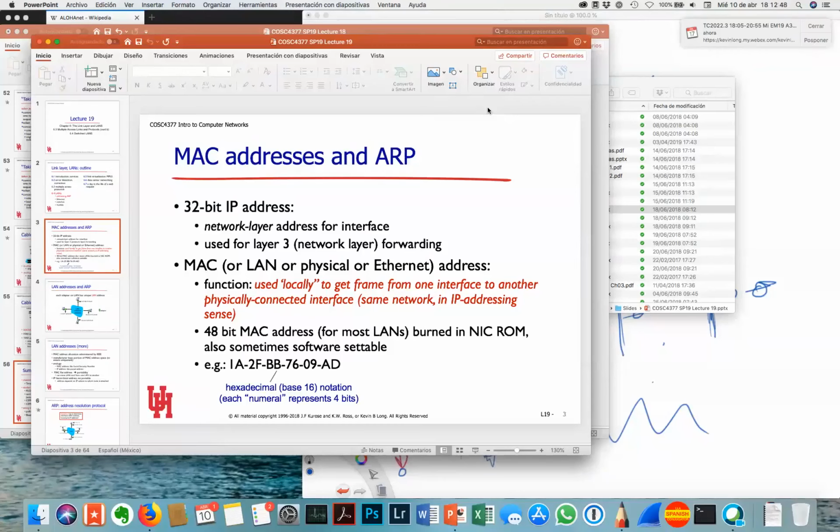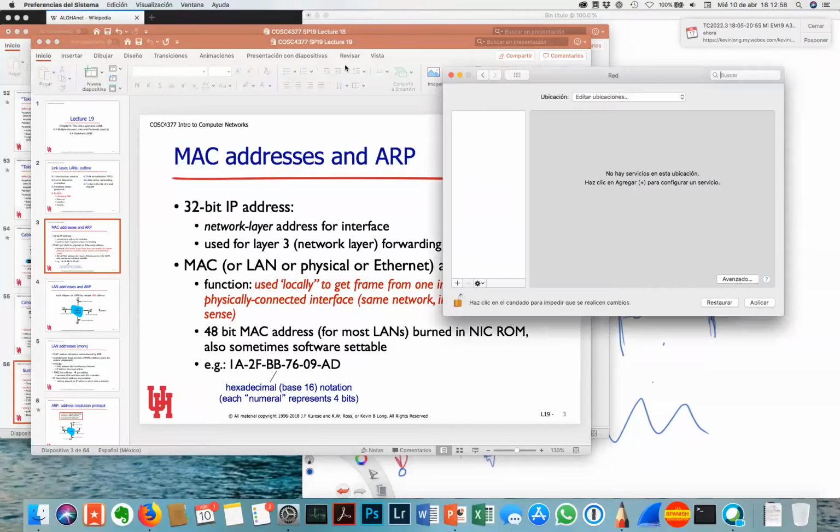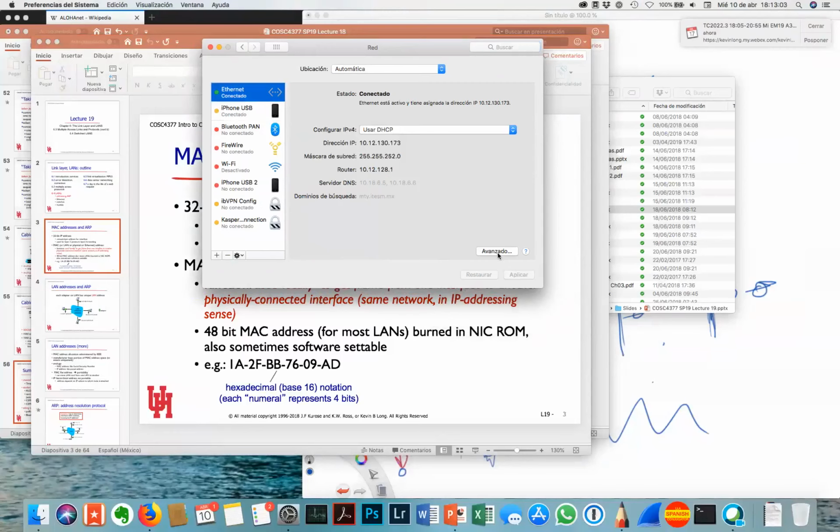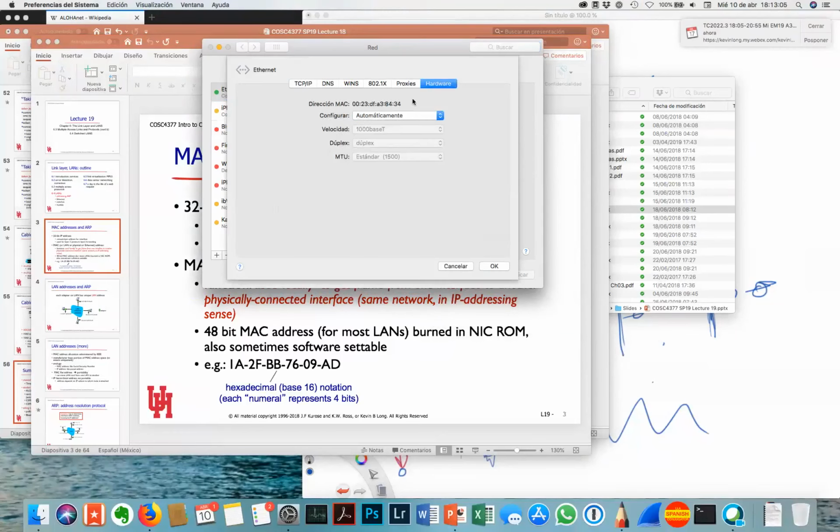And I can see what mine is. I'll open up my network preferences. Here it is. And I'll go to Ethernet and go to Advanced Settings and look at the hardware. And there is my 32-bit address, basically.